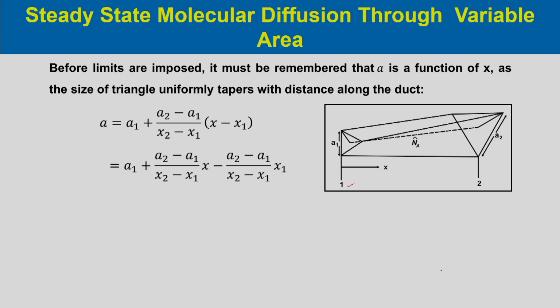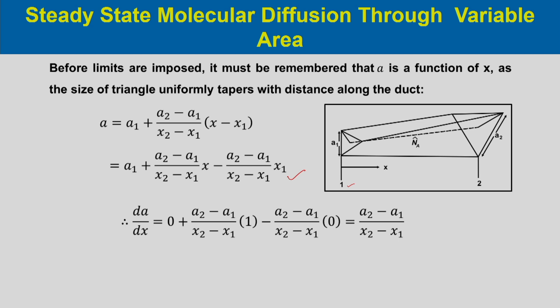If we simplify, it would be equal to a1 plus a2 minus a1 by x2 minus x1 into x, minus a2 minus a1 divided by x2 minus x1 into x1.